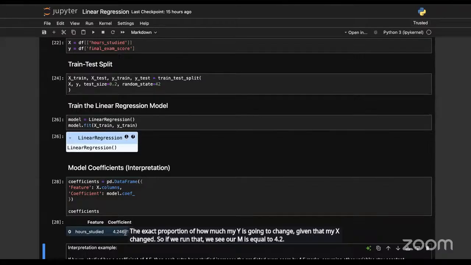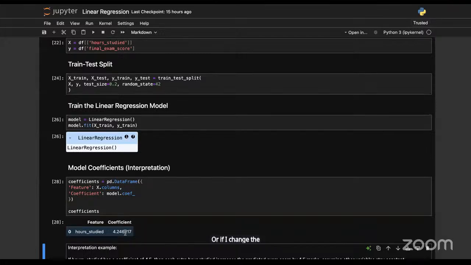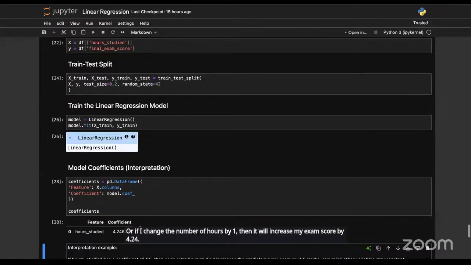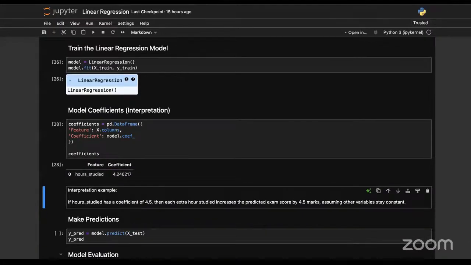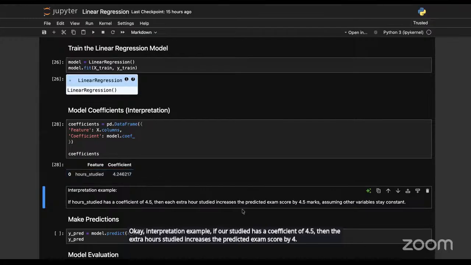So if I change the number of hours by 1, then it will increase my exam score by 4.24%. Interpretation example: if hours studied has a coefficient of 4.5, then an extra hour studied increases the predicted exam score by 4.5 marks, assuming other variables stay constant.